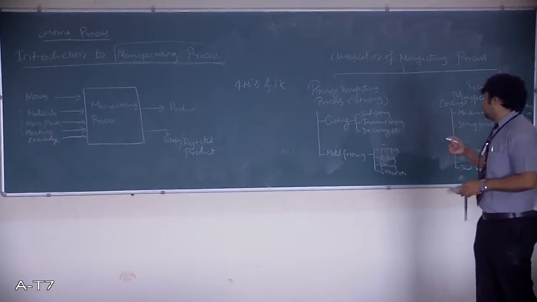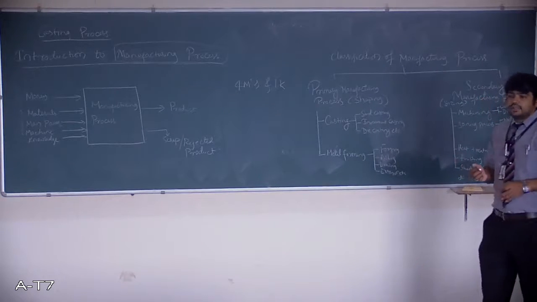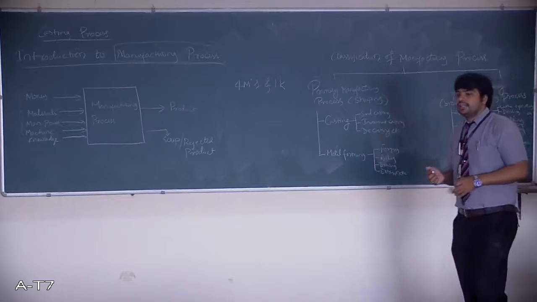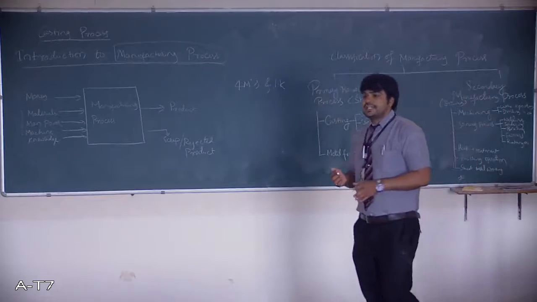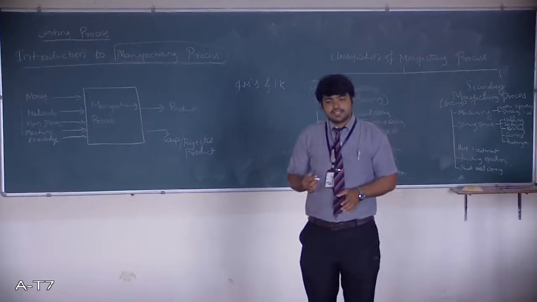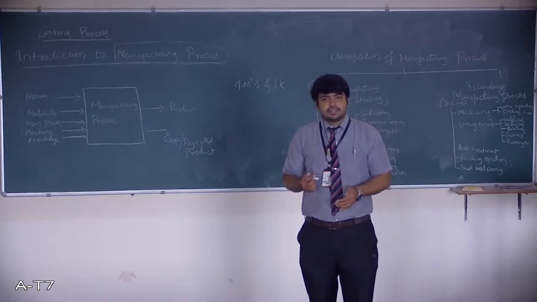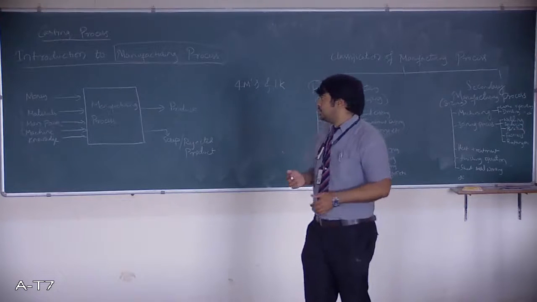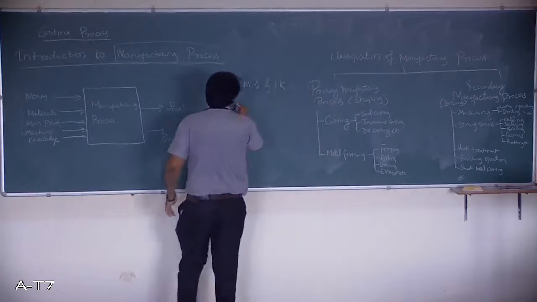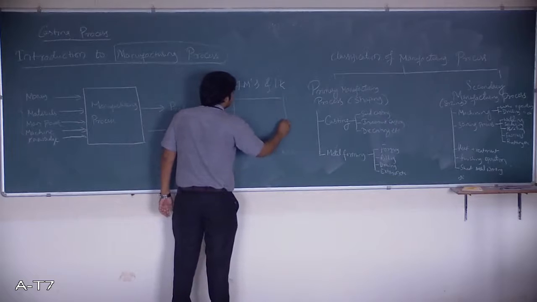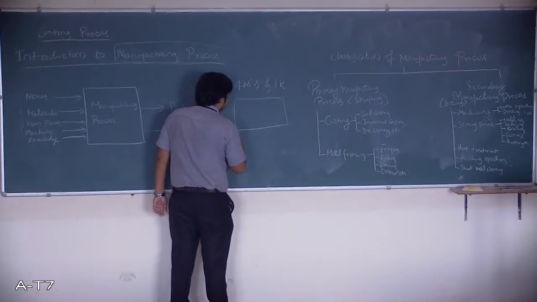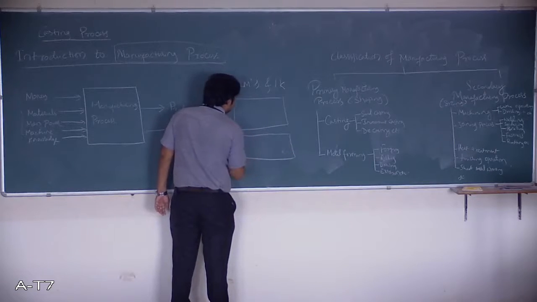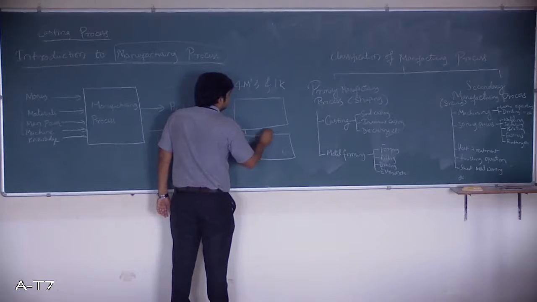Then we have something called rolling. In rolling, we generally manufacture slabs, sheets, foils, plates. Those things are manufactured by the rolling process. Big metallic rollers will be there, and in between these rollers the metal workpiece is passed.